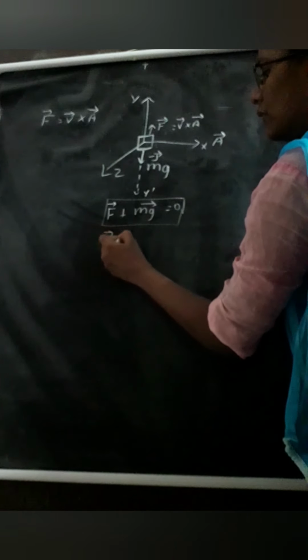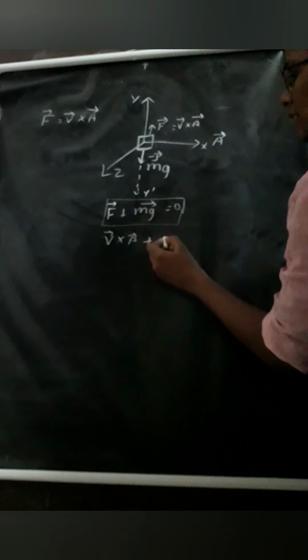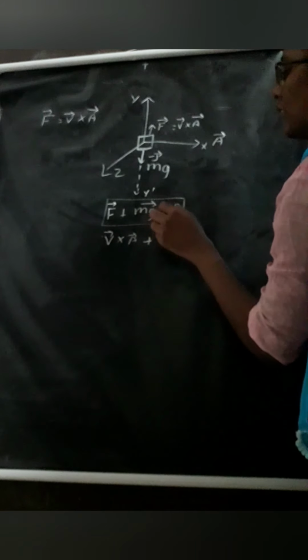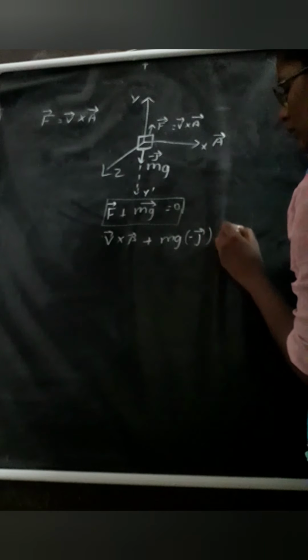F vector is V vector cross A vector. So V vector cross A vector plus mg vector, where I can represent this vector as magnitude times unit vector acting in the direction minus j vector, is equal to 0.